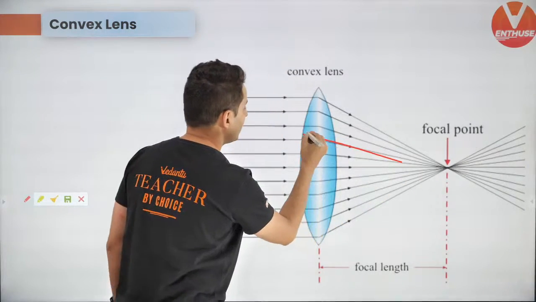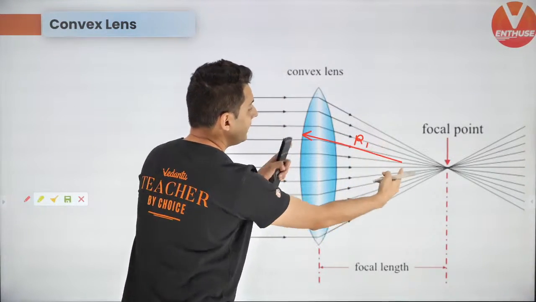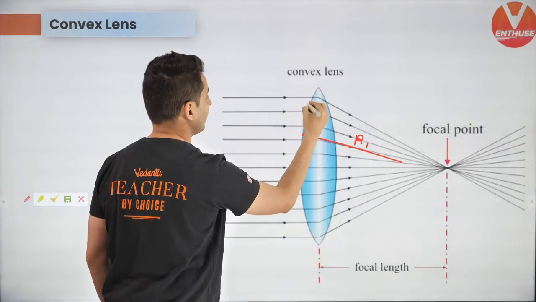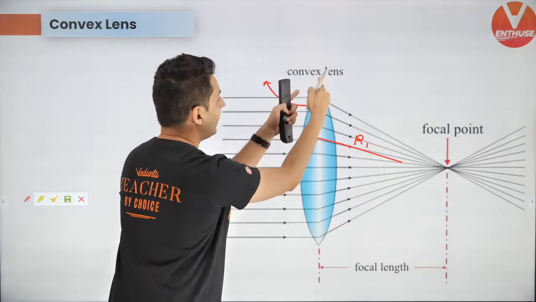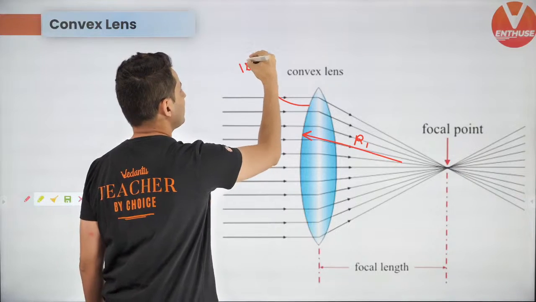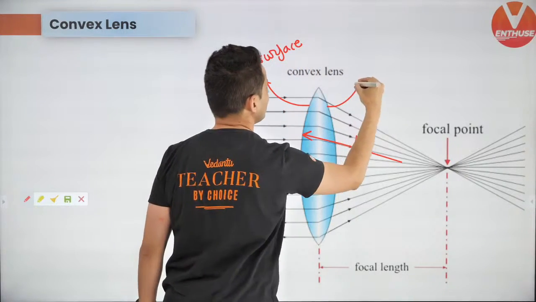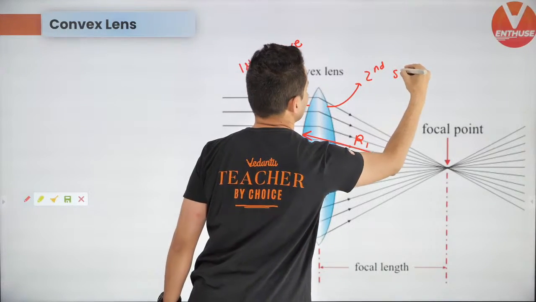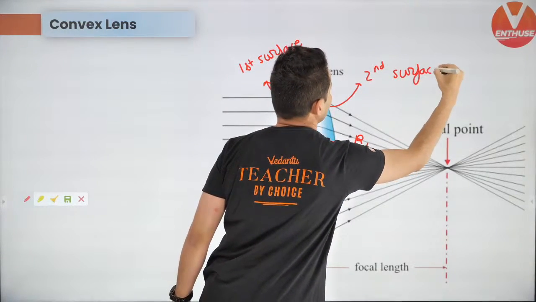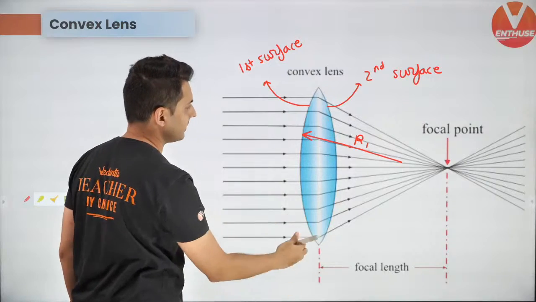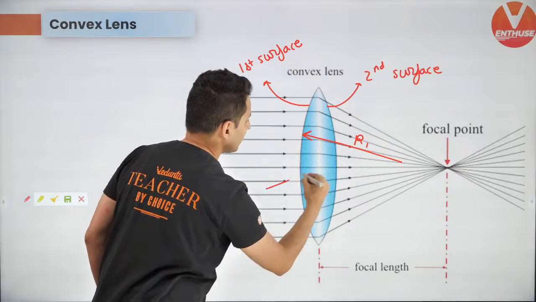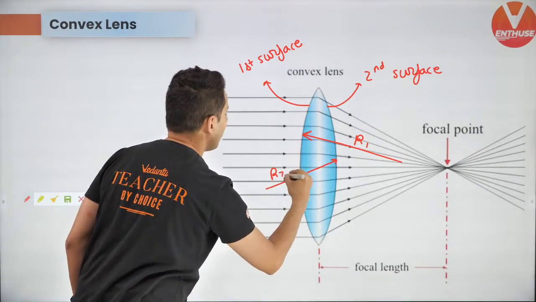This one is R1, the radius of curvature of the first surface, because rays of light enter this surface first. So this is your first surface, remember that. And this is your second surface, because the rays leave the convex lens from this surface. So the radius of that surface is going to be called R2.